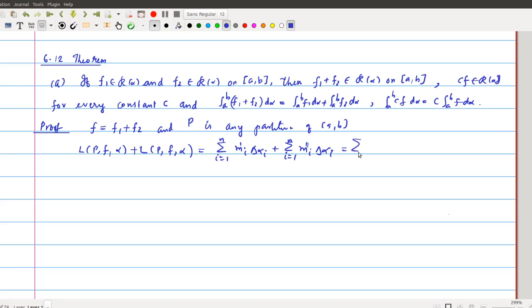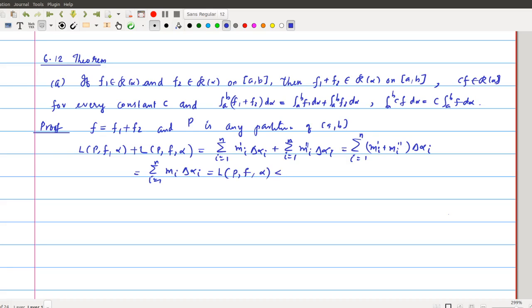This can be written as the summation of (m_i prime plus m_i double prime) times delta alpha_i. If you denote the minimum value of f1 plus f2 over the interval as m_i, then the summation of m_i delta alpha_i is equal to L(P, f, alpha).